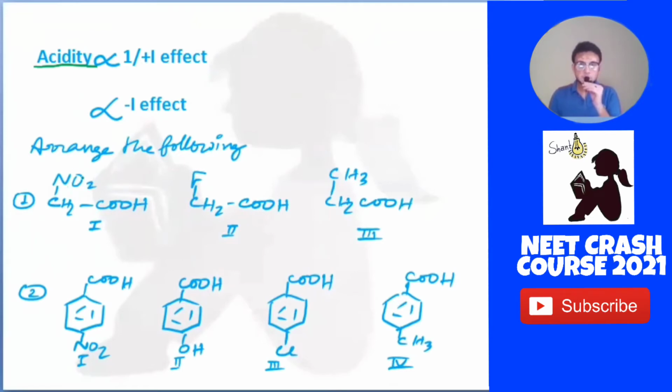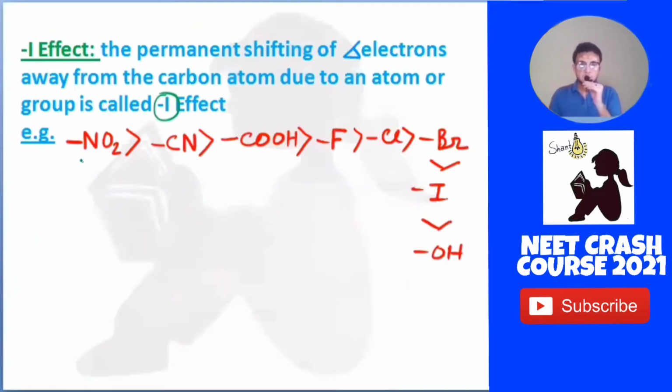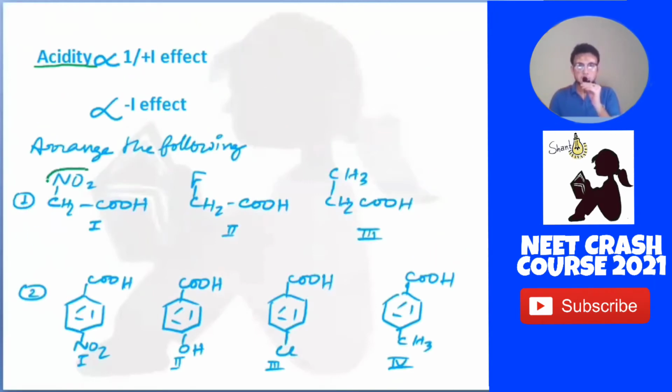So as you can see in the minus I order, NO2 has the most minus I effect. So here one will have more acidity than the others because acidity is directly proportional to minus I effect. Then comes our fluorine, which is also minus I effect, but its minus I effect is less than the NO2, so we'll write like this.